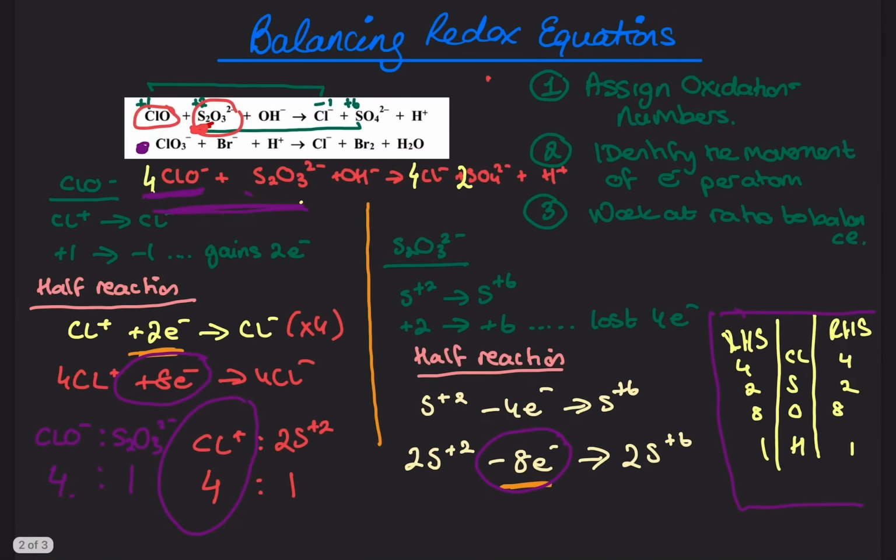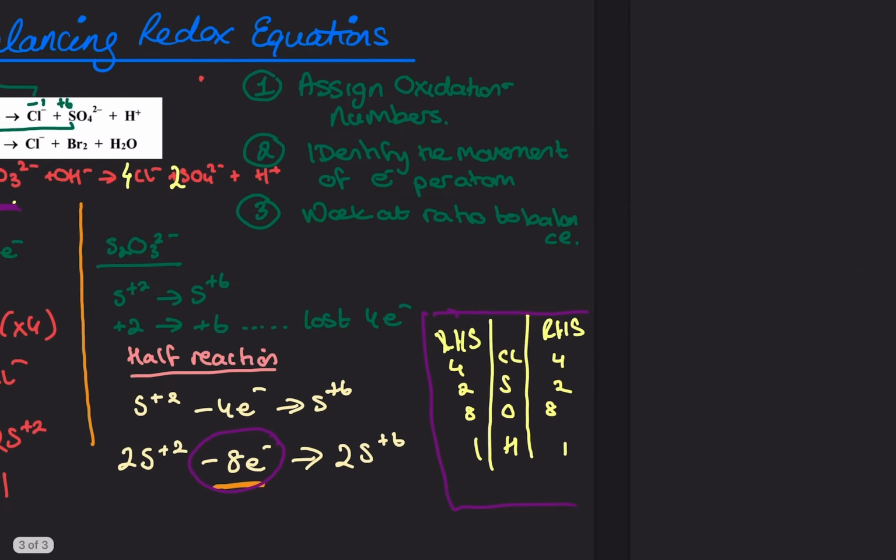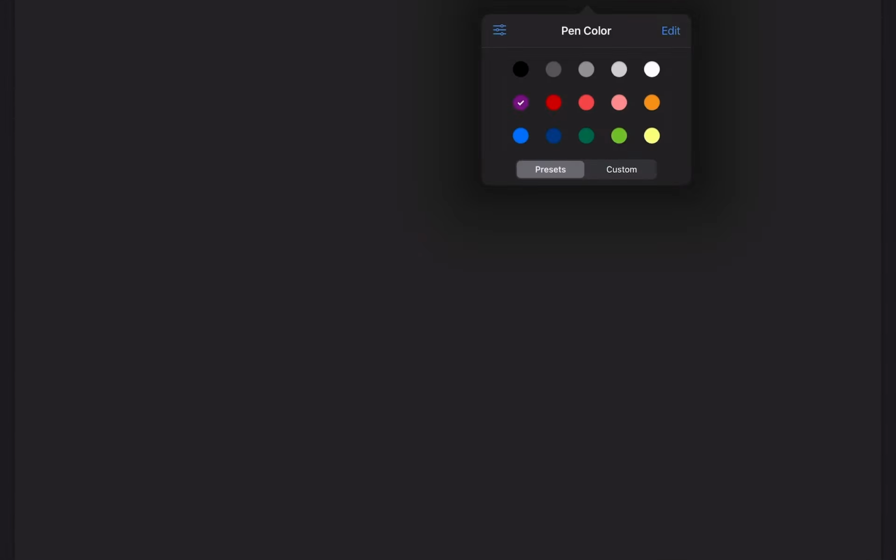Okay, so what I'm going to do now is write out the second reaction over here and do the exact same steps. So let's see, it's ClO3 minus plus Br minus plus H plus goes to Cl minus plus Br2 plus H2O.